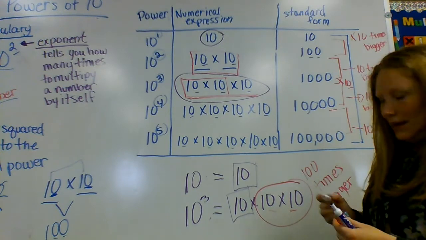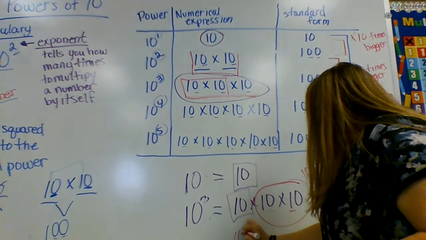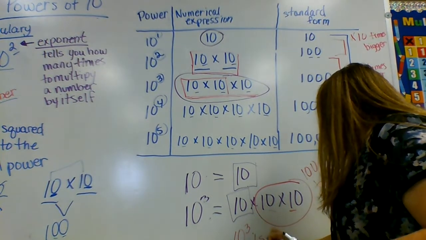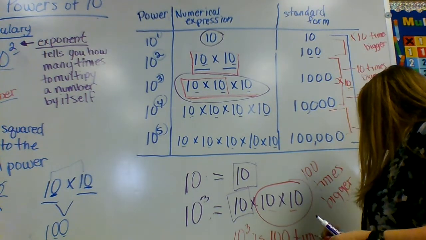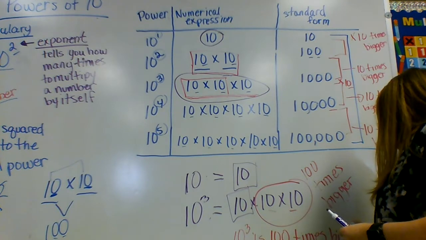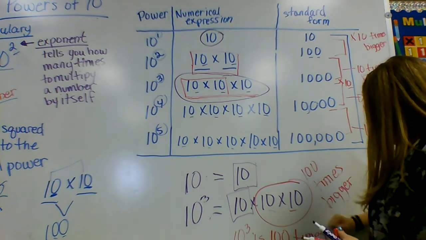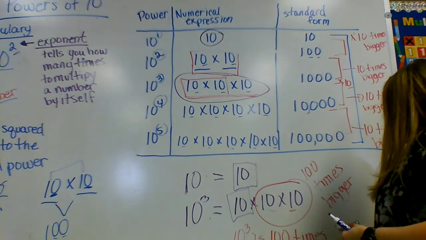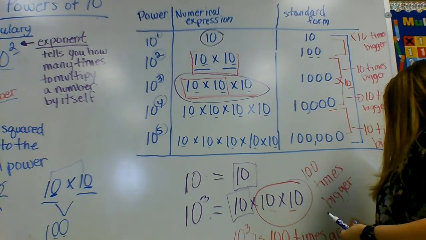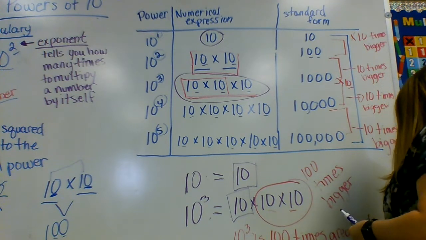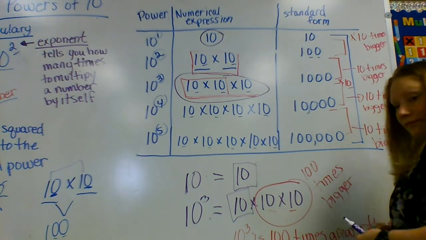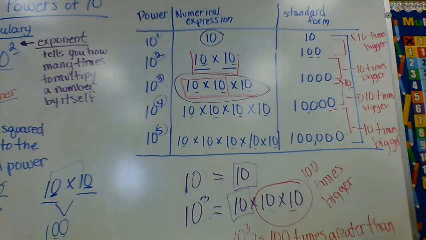Okay? That means 10 to the third power is 100 times bigger, or let's say greater. I like greater better. Greater than 10.